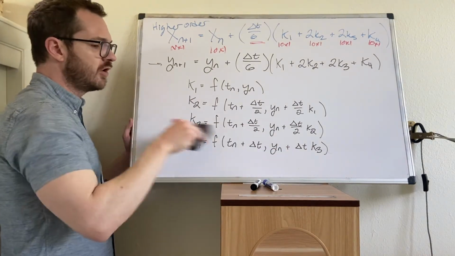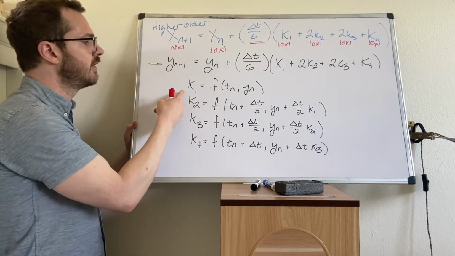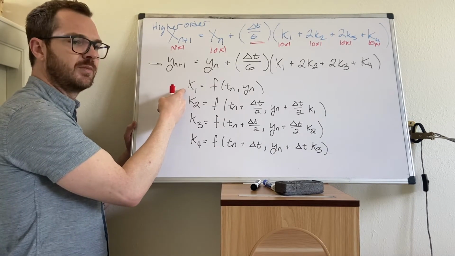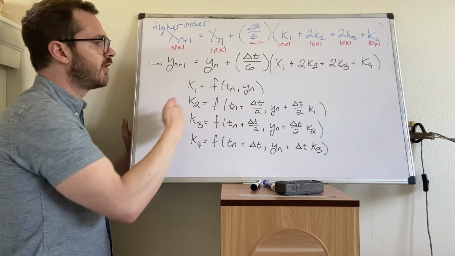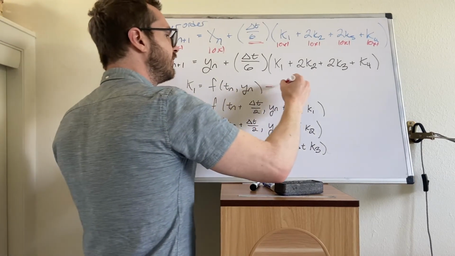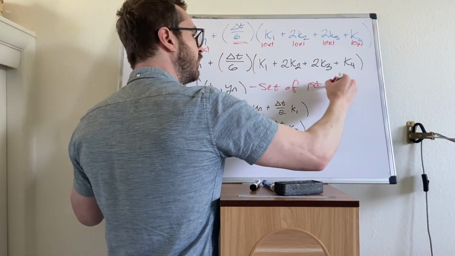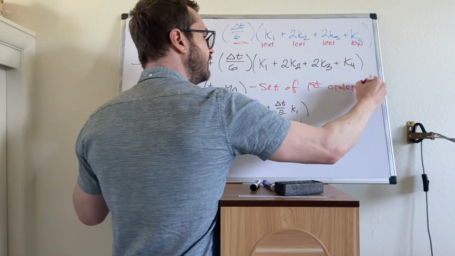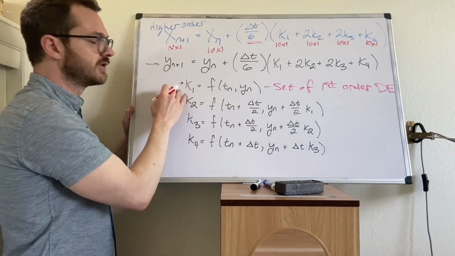Well, when you go to write your code for Runge-Kutta for higher order systems, understand that these k's are going to be vectors. You're going to do a call on a function that's going to solve the set of first order differential equations, right? And that set of differential equations, you're going to get a set of answers.